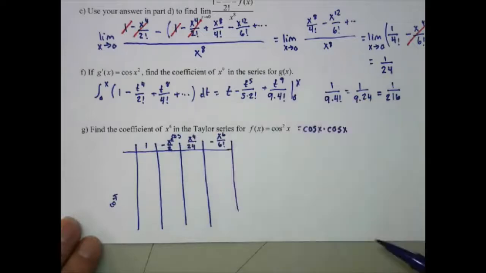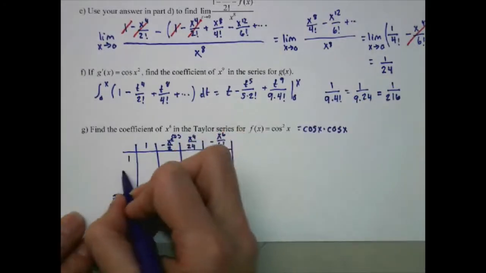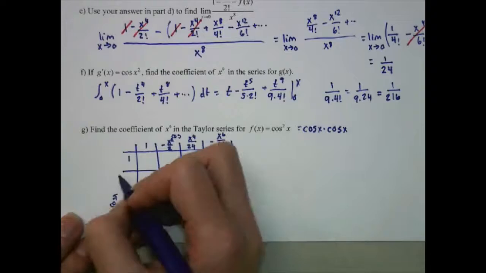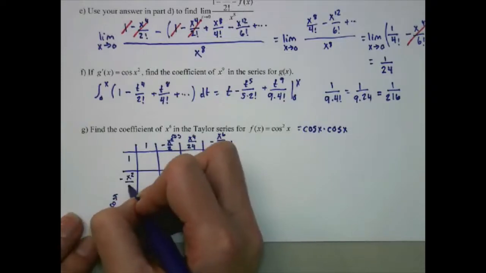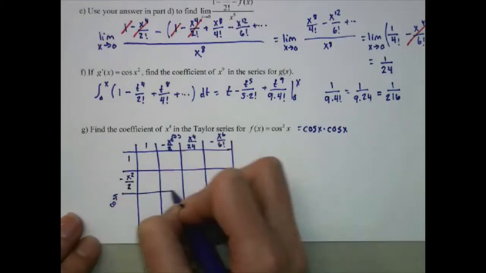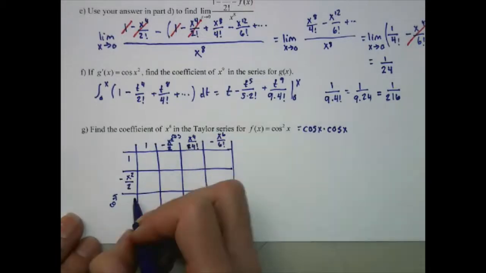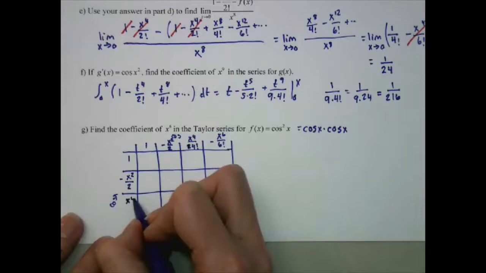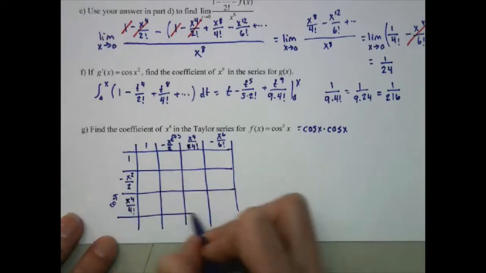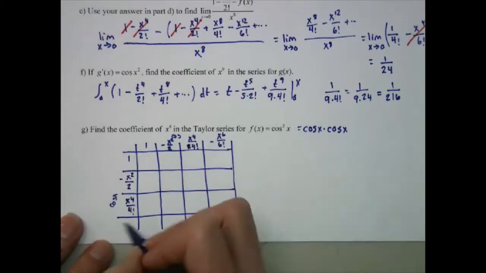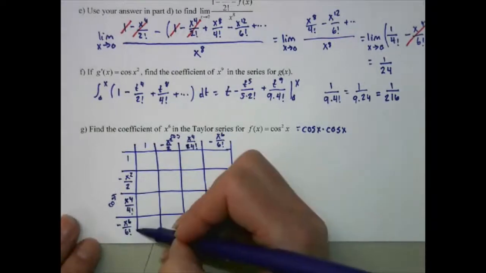Okay, I can stop there because I'm looking for the 6th, and then the same one's here. 1, negative x squared over 2. I guess I can leave it as 4 factorial. x to the 4th over 4 factorial, and negative x to the 6th over 6 factorial.